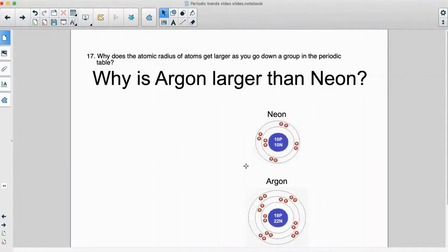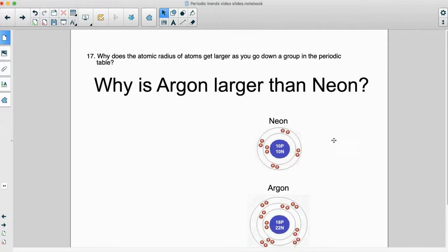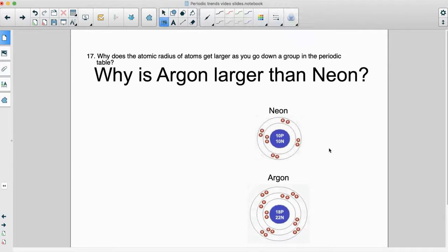Why does the atomic radius of atoms get larger as you go down a group in the periodic table? And so we'll look at this with two atoms, the noble gases, neon and argon, and these two atoms we're going down a group. It goes helium, neon, argon, krypton. And so you can see that argon's right below neon on the periodic table.